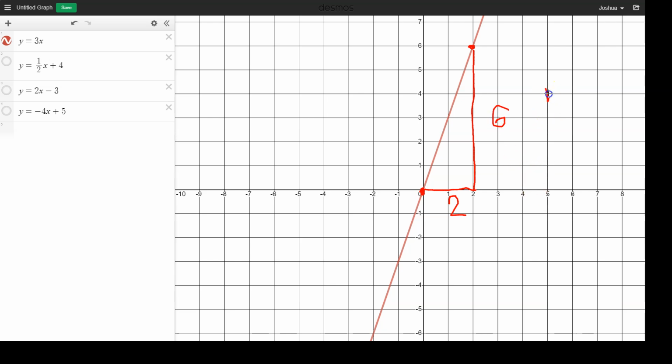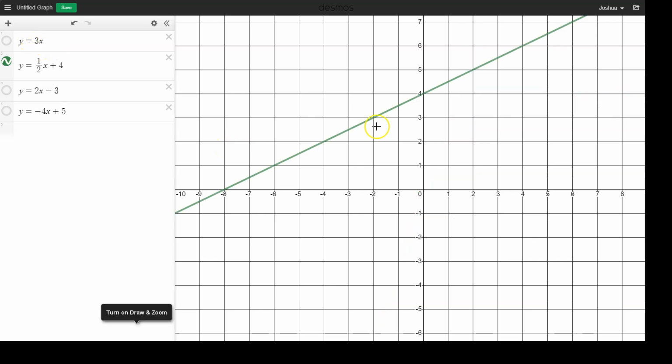Now gradient is the rise over the run. The rise is 6, and the run is 2. 6 divided by 2 is 3. So the gradient is 3, and look, that matches the number in the equation over here.